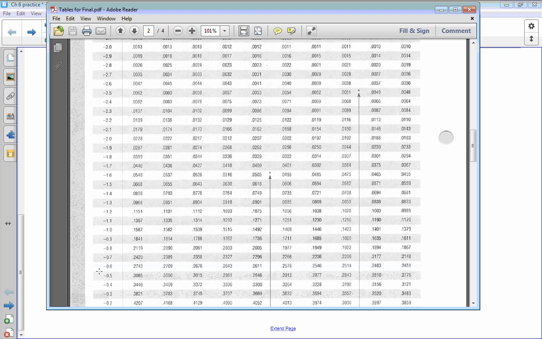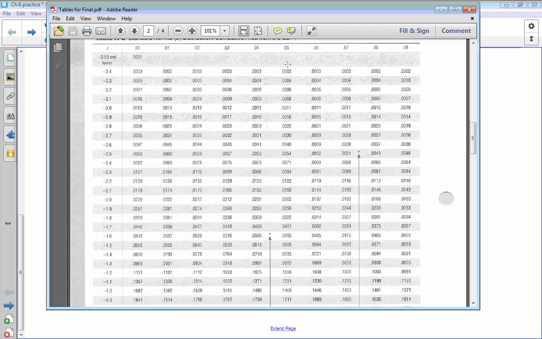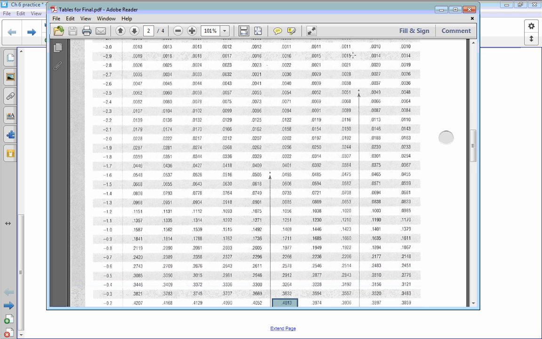So I'm going to hunt down my table here and find 0.4013 is right here. 0.4013. And I'm going to be able to find that my z then would be negative 0.2. And if I go all the way up on this column, 5. So it would be negative 0.25.